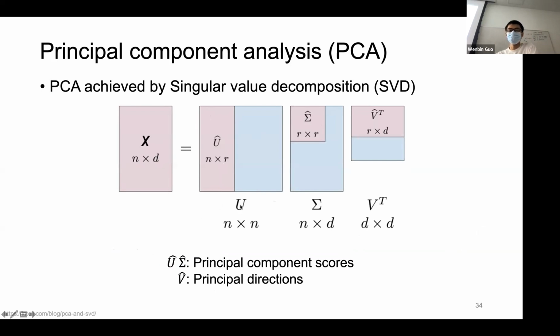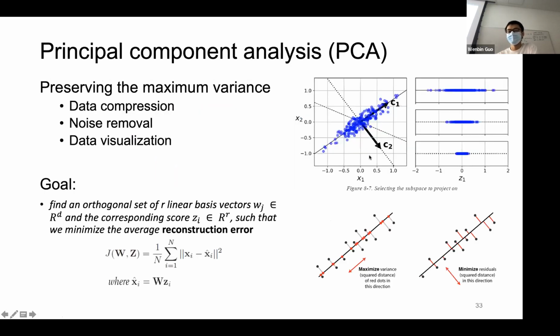The first one is U, which holds the scores in the principal component space. Sigma is a diagonal matrix, where only the diagonal has values and elsewhere it does not. And V holds the principal directions, like the directions C1, C2.